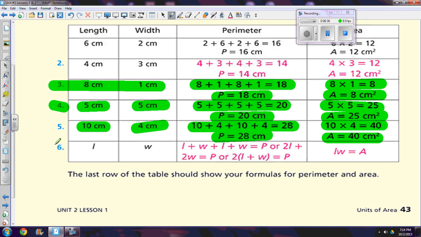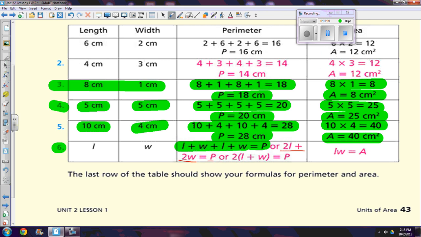Now for number 6, you have length and width, and I'm not giving you the number. So it would be length plus width plus length plus width equals perimeter. Look close at this way of representing perimeter as well. 2 times the length plus 2 times the width equals the perimeter.